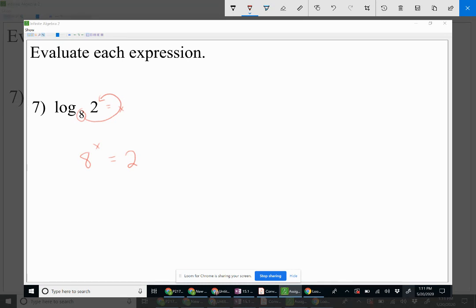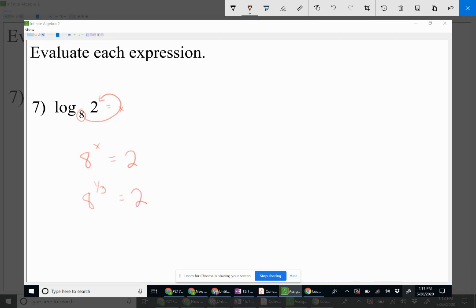Okay, so 8 divided by 2 is 4. Divided by 2 is 2. So 8 to the 1/3 equals 2.